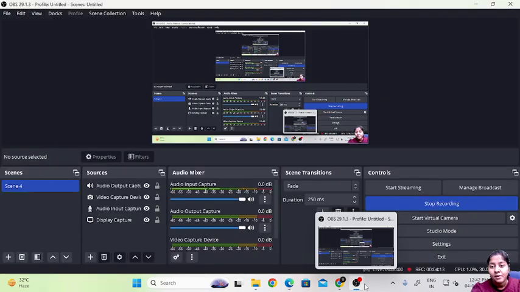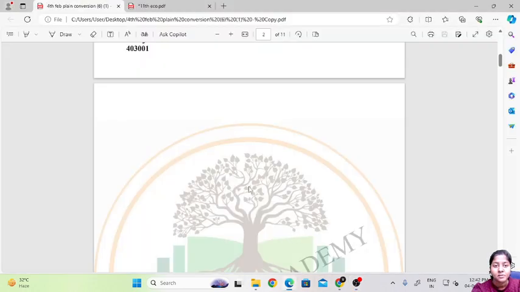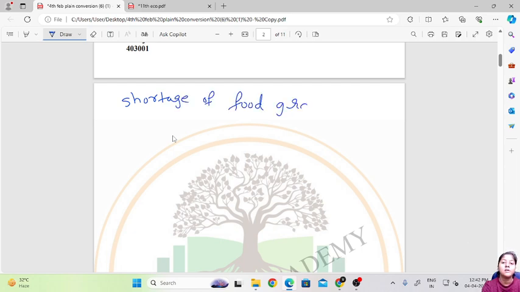Why was there a shortage of food grains? Because there was a major focus on plantation of jute and indigo.